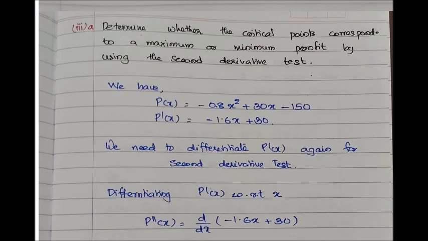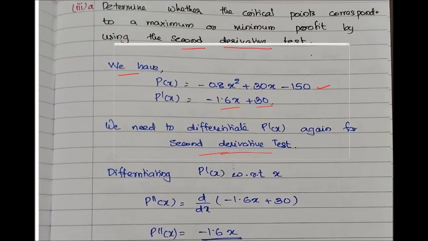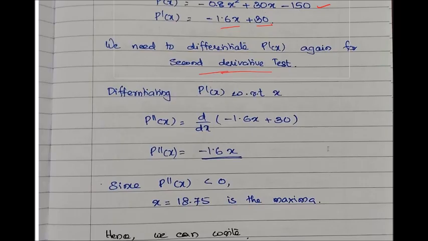Third, option A. Determine whether the critical points correspond to a maximum or minimum profit by using the second derivative test. We have P(x) = -0.8x² + 30x - 150 and P'(x) = -1.6x + 30. We need to differentiate P'(x) again for the second derivative test. So differentiate P'(x) with respect to x. P''(x) = d/dx of (-1.6x + 30).